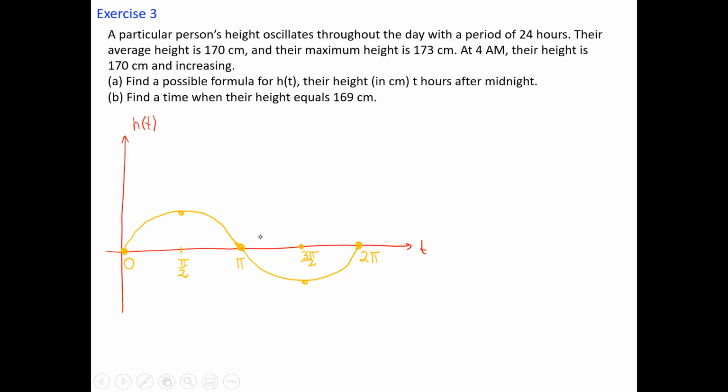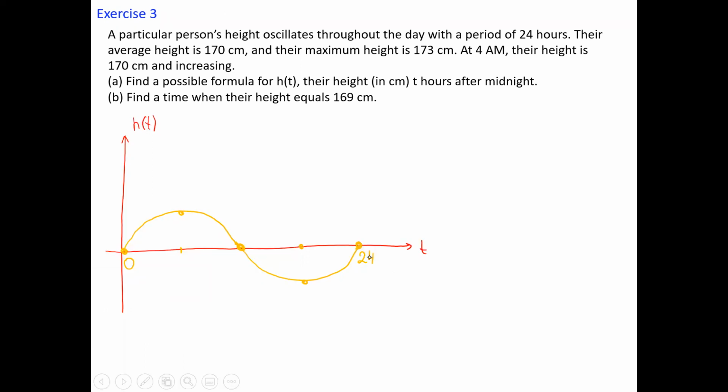But since I want to put everything on this graph, I will change our period a little bit, because our period is 24 hours. Let me remove this and put respectively the same values, but with respect to 24 hours.